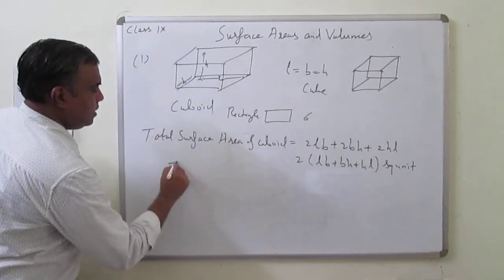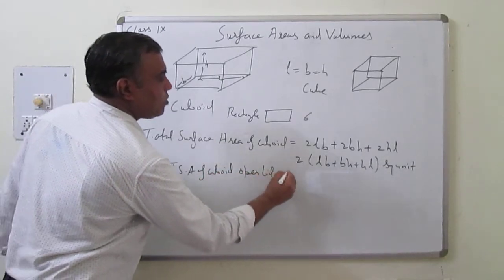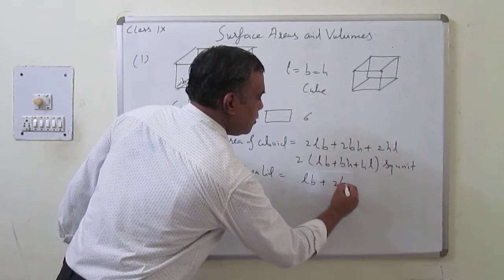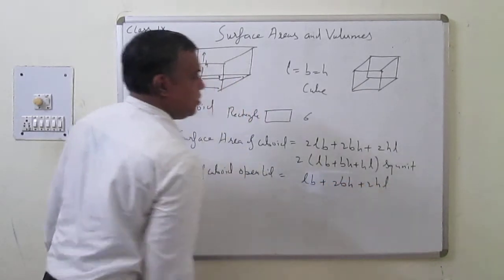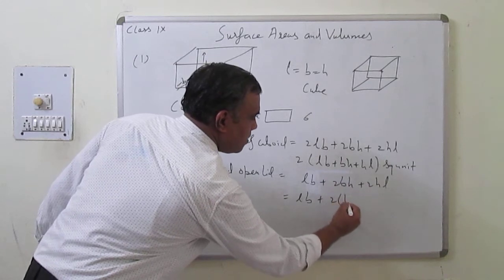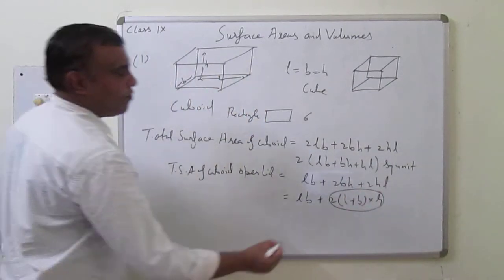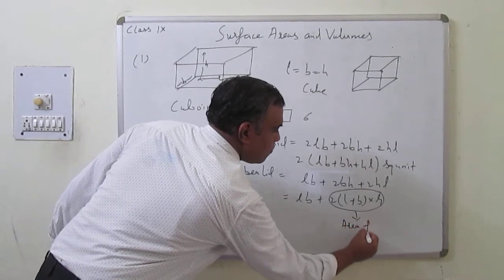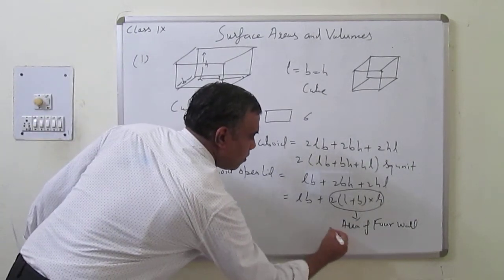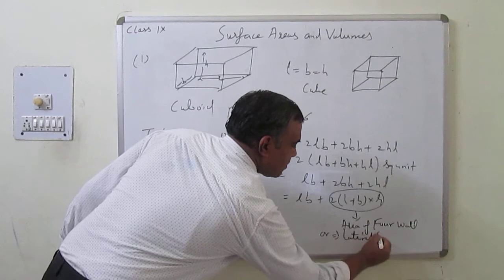If the top is open, the TSA of the cuboid with open lid: one length-breadth face is removed, so it becomes length times breadth plus 2BH. The side walls remain. So you take H common and 2 common, so it is 2(L plus B) into H. This is called the area of 4 walls, that is the lateral surface area.